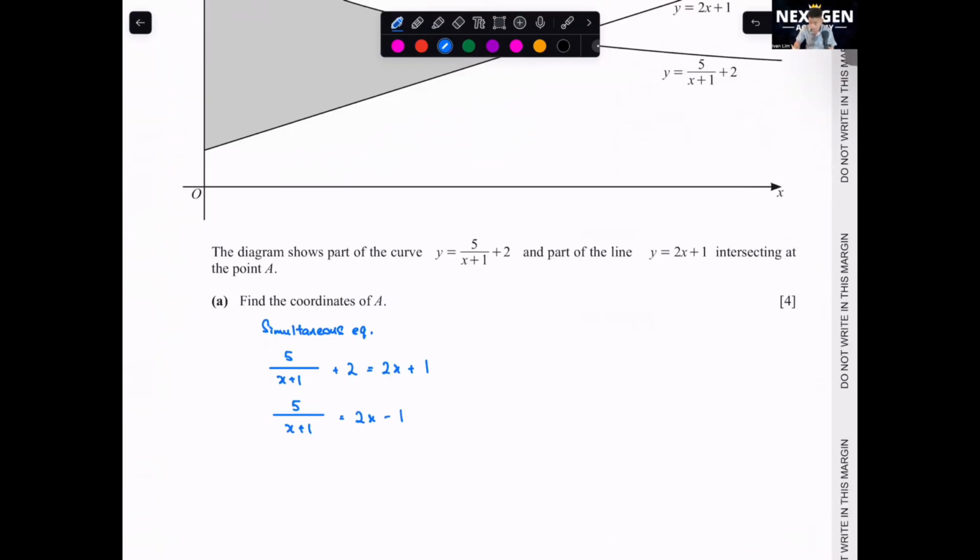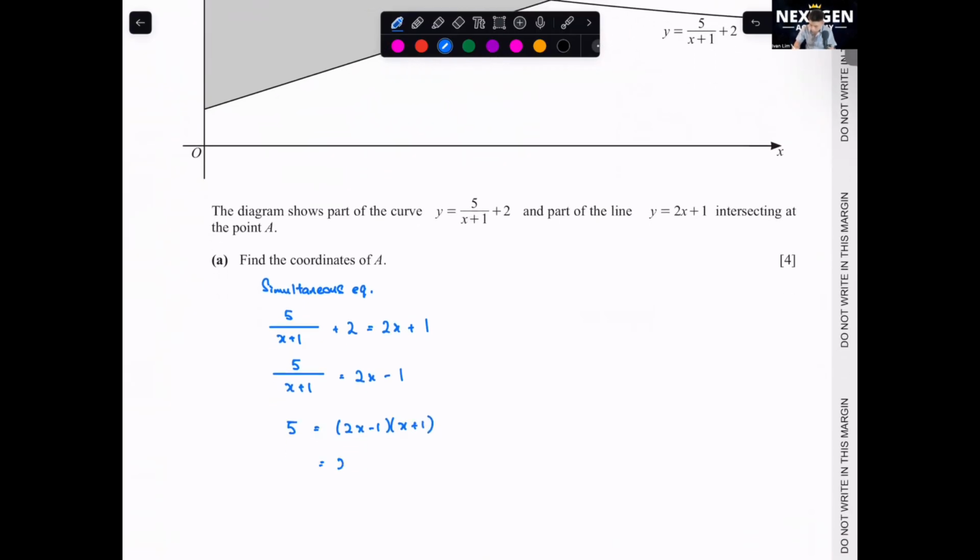We bring x plus 1 and multiply with the top, 2x minus 1 times x plus 1, which will get 2x squared plus 2x minus x minus 1. We shift everything to one side, to the right hand side. This will become 2x squared minus x. Is it minus x?